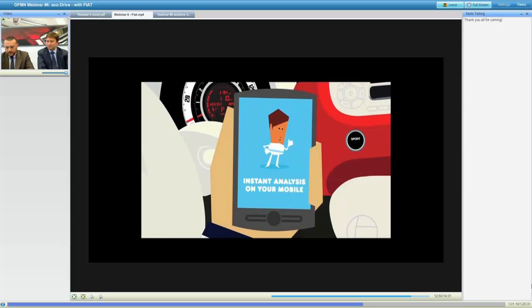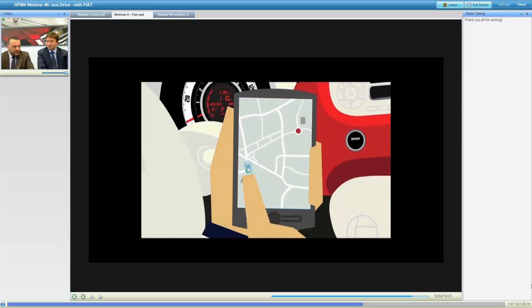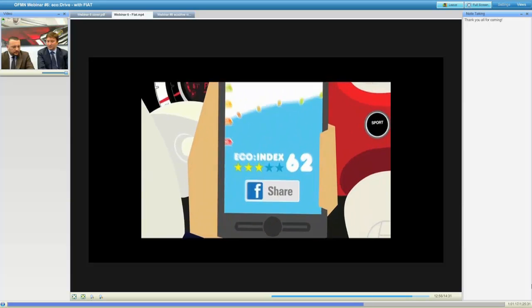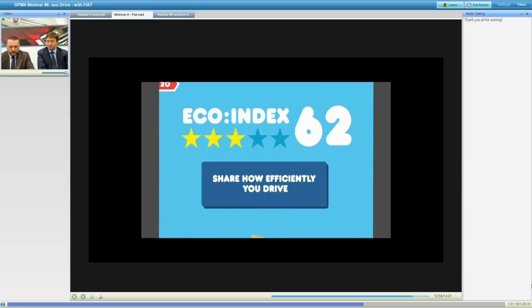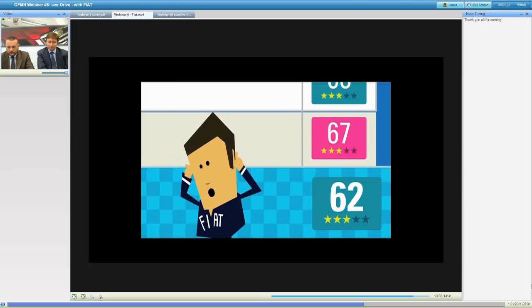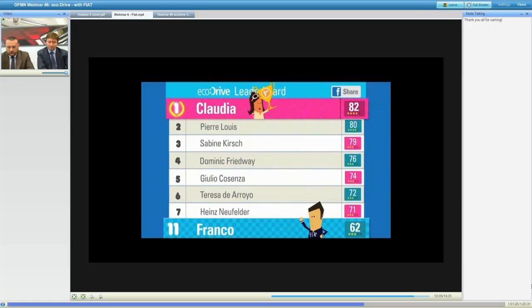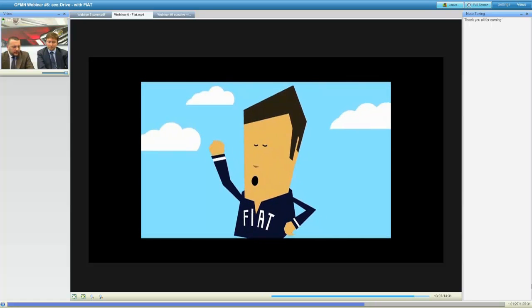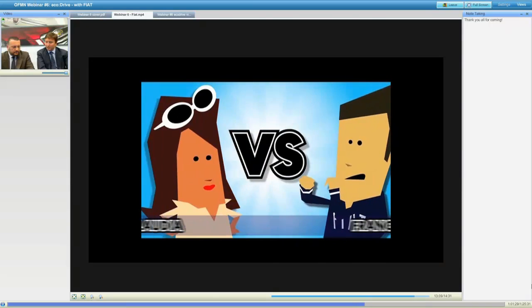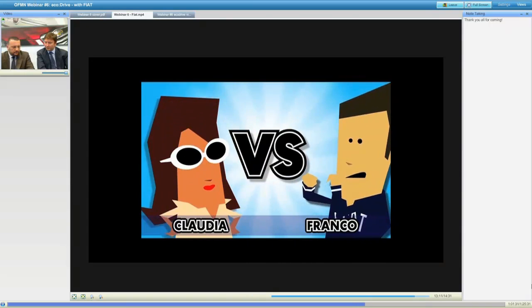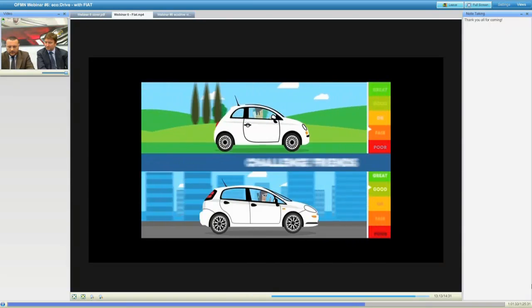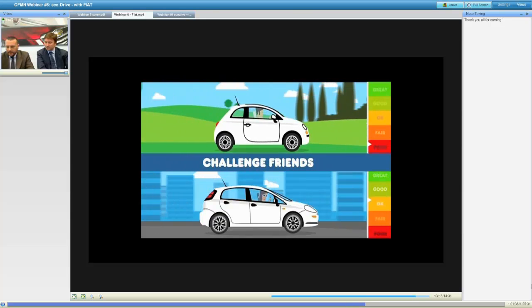Simply connect your phone to your Fiat, and at the end of your journey, EcoDrive instantly shows you how efficiently you've been driving. Show friends how much you're saving by sharing on Facebook. See where you rank on the leaderboard. And check out the competition. Get even more motivated by challenging friends to try and beat your Eco Index score.